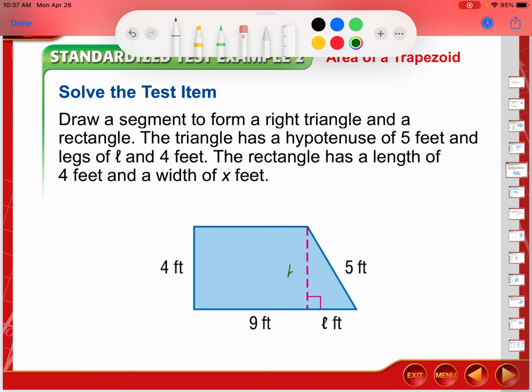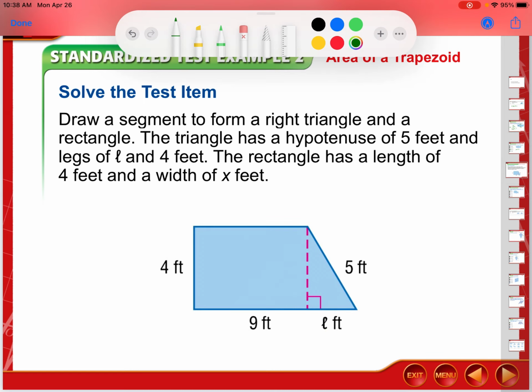Or no, I'm sorry. We're solving for this L. Draw a segment to form the right triangle. The triangle has a hypotenuse, the rectangle has a width of x feet. Okay, so they don't really tell us what we're trying to solve here, so that's delightful. We're just going to solve for the area.